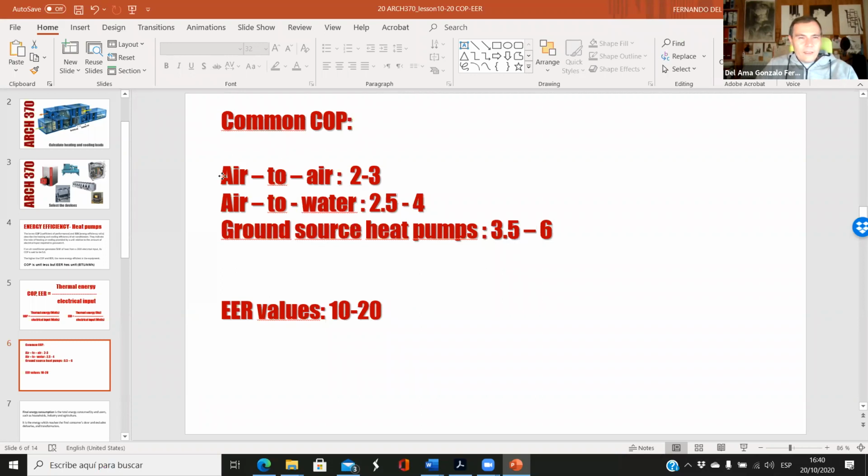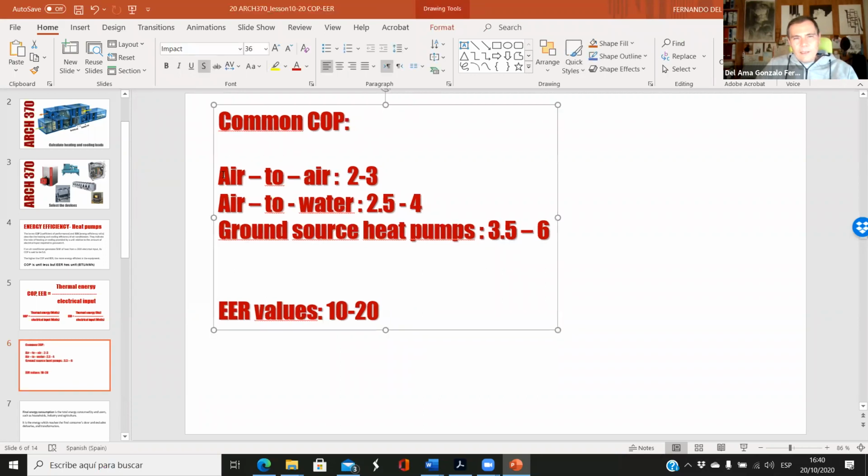But if someone is claiming that an air-to-air heat pump has a COP above 6, I wouldn't believe that. Okay.